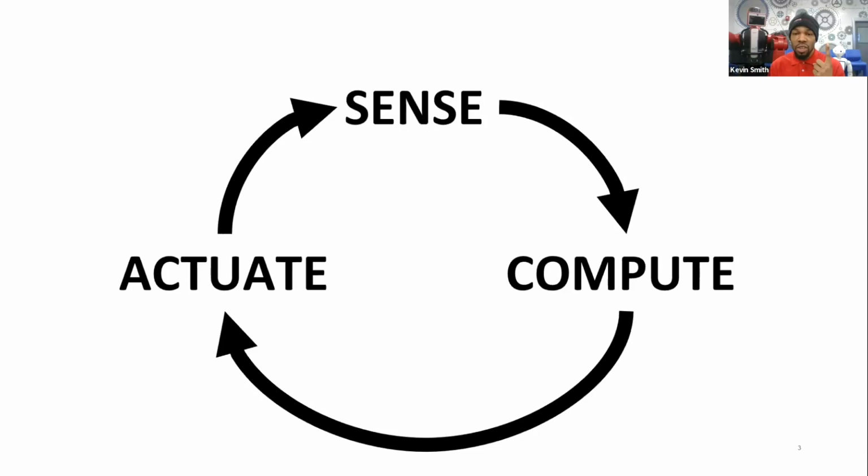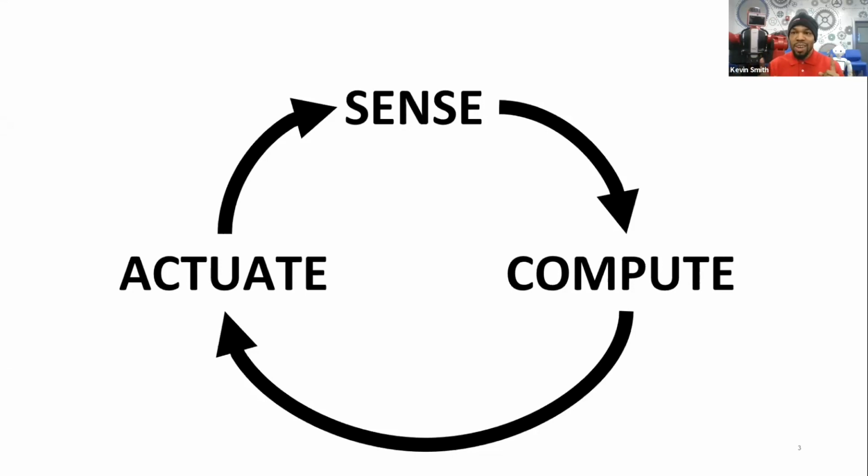It can be a touch sensor, it can be a camera, LiDAR, all type of different sensors taking in information, right? Once it takes in that information, it computes, it processes that information, and then it actuates. The root word being act, it has to do something with the processing that is done, right? So at a root place, this is what robots are, all robots are, and how they operate.